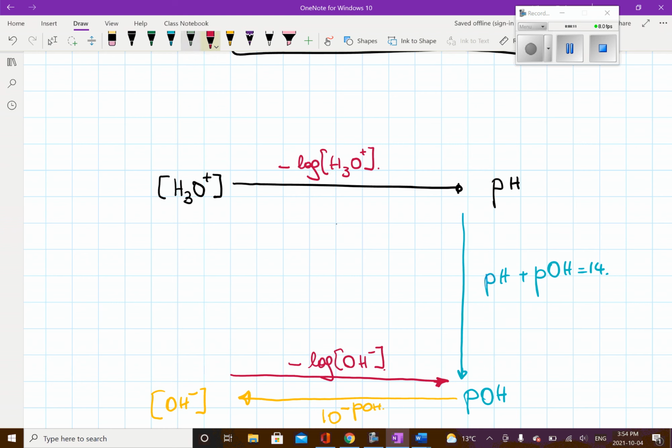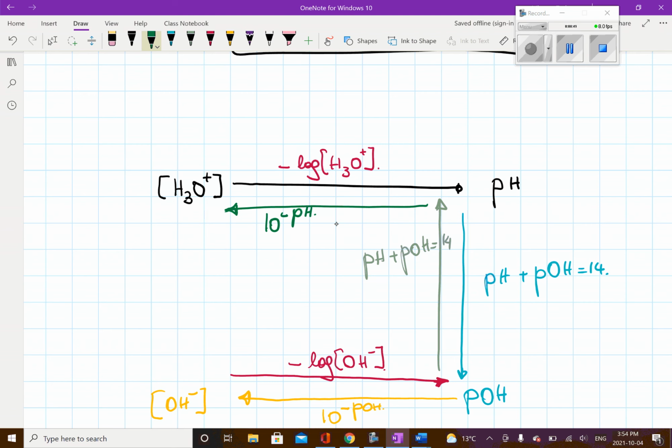If we know the pOH and we want to calculate pH, then we use the fact that pH plus pOH is equal to 14. And if we know the pH and we want to calculate the concentration of hydronium, then we use 10 to the power of negative pH.